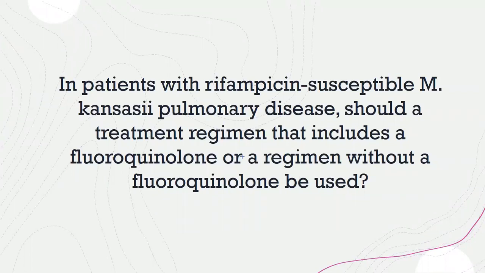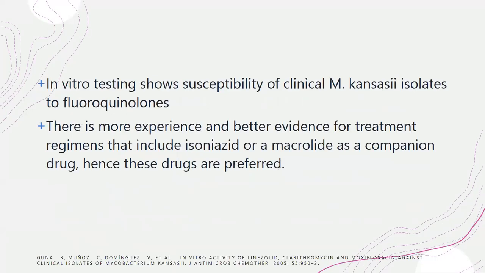In patients who have Mycobacterium kansasii, do you want to use a fluoroquinolone or not? This is pretty straightforward. Basically, yes, in vitro testing of kansasii isolates shows a good response to fluoroquinolones. Because we have better evidence for isoniazid and macrolides, we use those as first-line therapy.